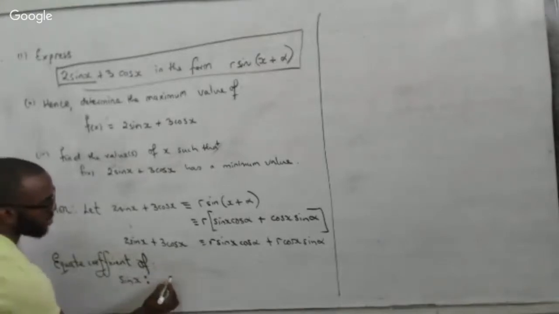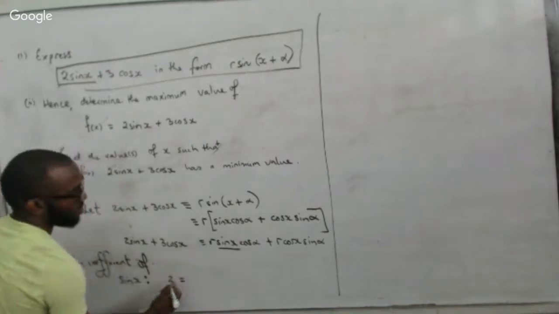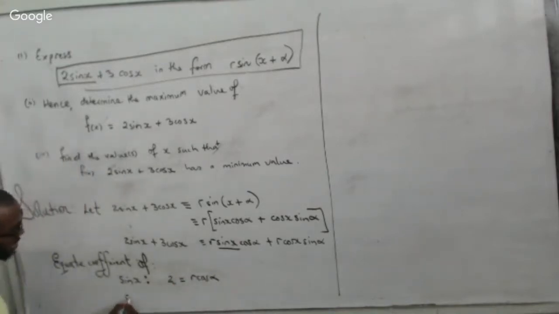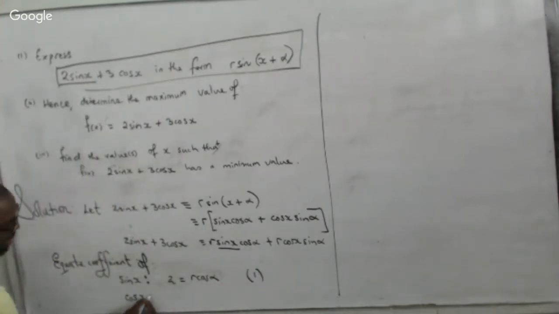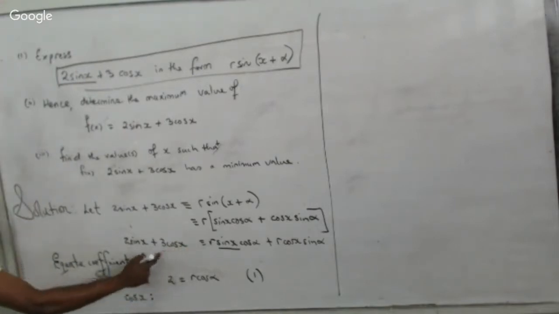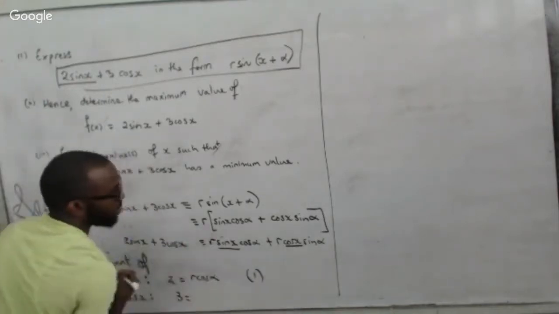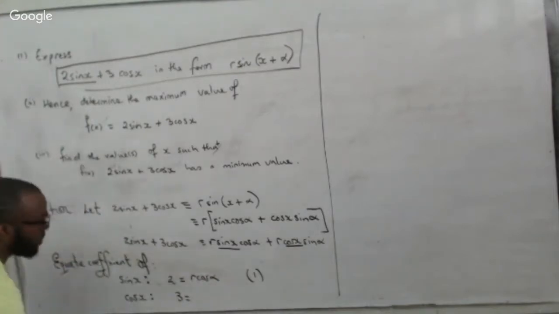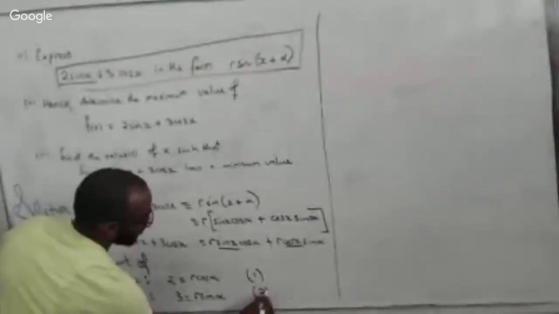And on this side, what multiplies sine x? r cosine alpha. Then I can call that equation 1. And then cosine x, what multiplies cosine x on this side? 3. And on the right hand side, r sine alpha. See, I just underline that thing and multiply it. So this is r sine alpha, and that's my equation 2.